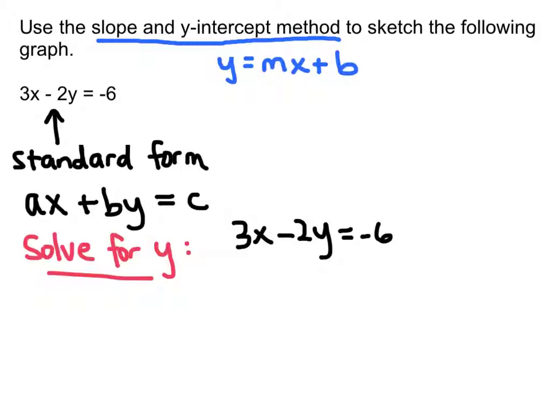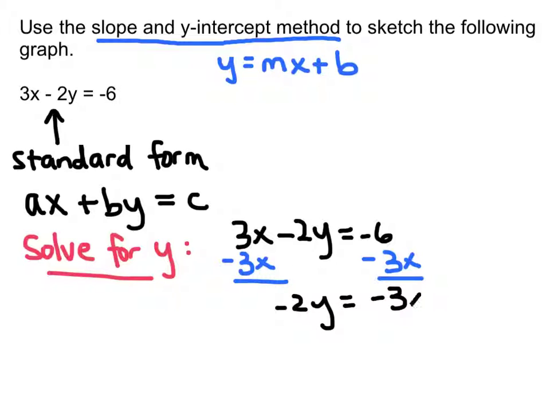And if we solve this equation for y, that would involve us subtracting 3x from both sides. And whenever I subtract the 3x from both sides, I will want to keep in mind that writing the x term first and the constant second is very helpful when trying to get the format of y equals mx plus b.